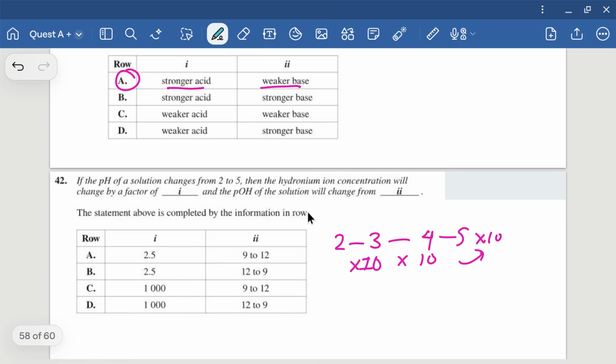I hope you know what I'm getting at here. So you are changing by a factor of 100. And then the pOH of the solution. So if that's from 2 to 5, then looking at pOH, we can just subtract from 14. So we were changing, if you subtract from 14, from 12 to 9. So that would be D.